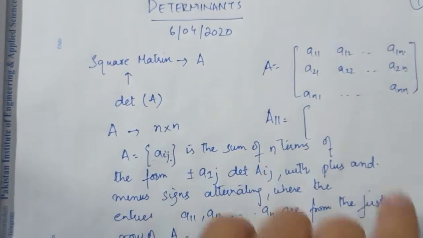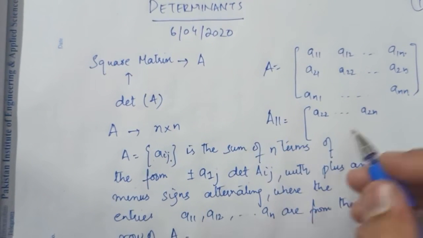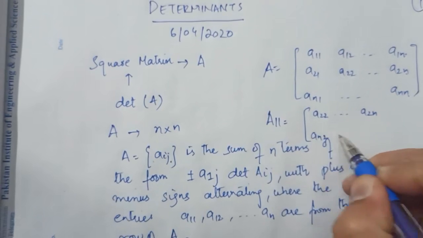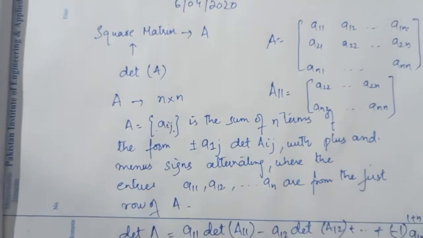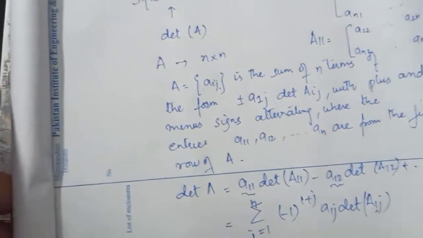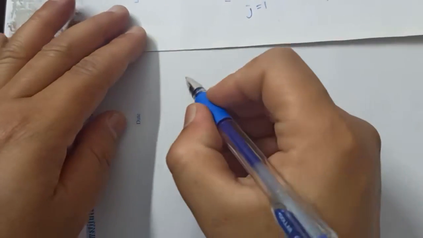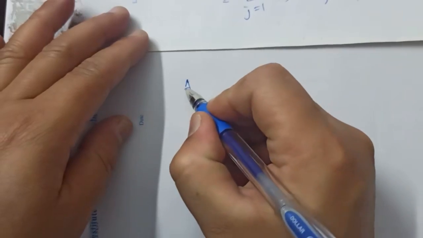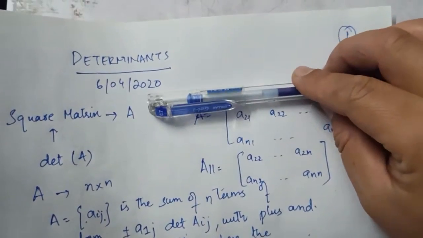So the remaining terms are A22 up to A2n, and AN2 up to ANN. Similarly, if I want to find A12, you delete the first row and the second column.